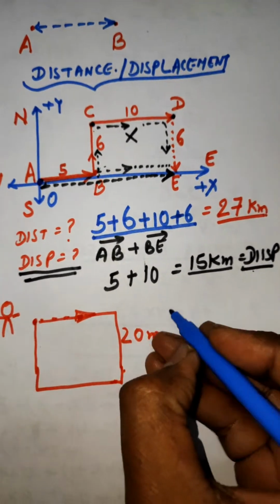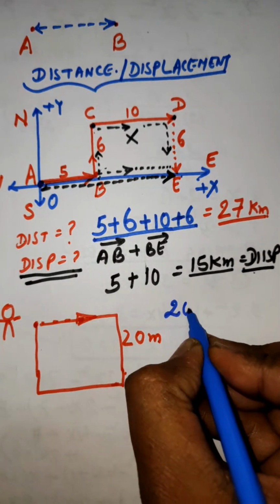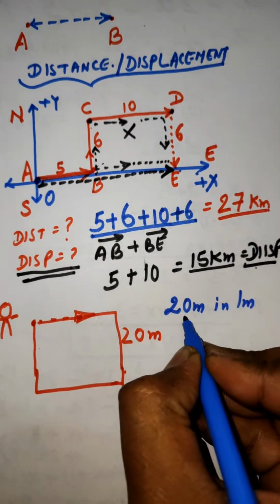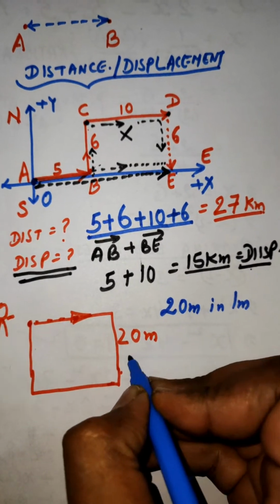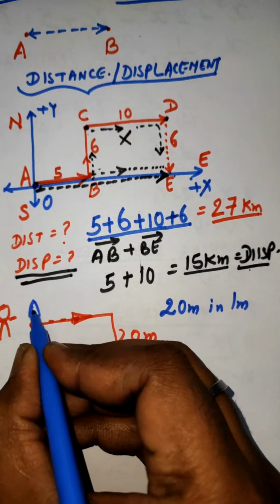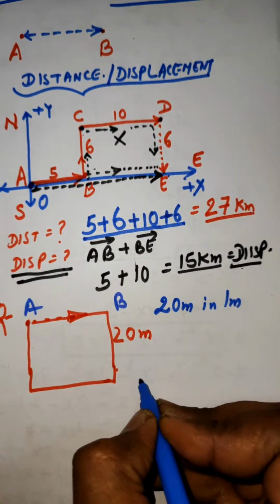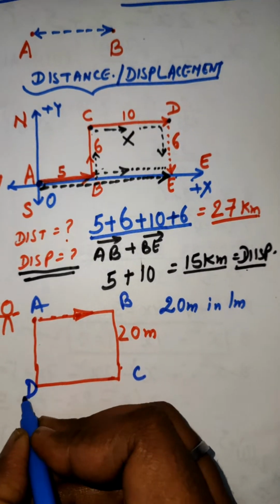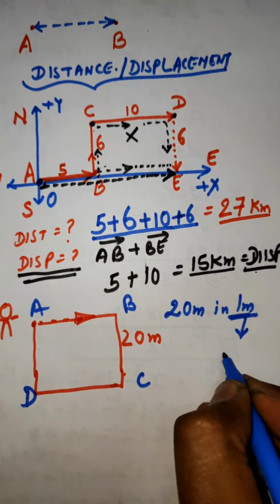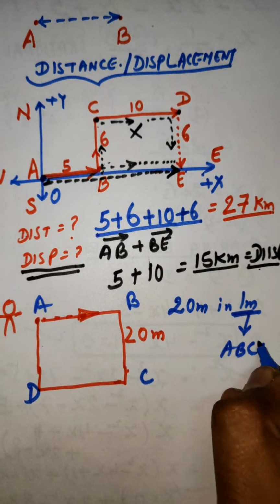So I will write the question like this: 20 meter is the side of the square, not the distance in 1 minute. He's taking one round. So let's say A, B, C, and D. So he's taking 1 minute to cover A, B, C, D.